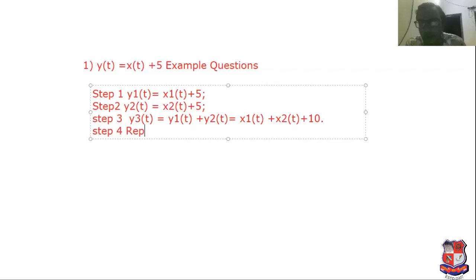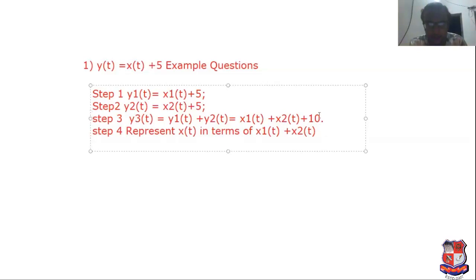So you have to be able to represent x of t in terms of x1 of t plus x2 of t.